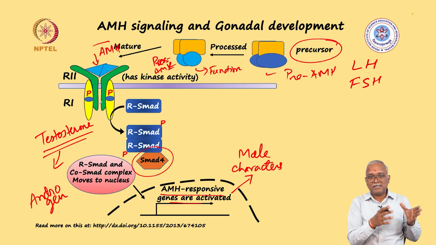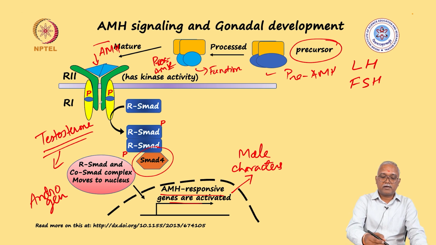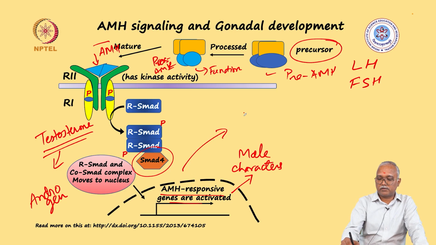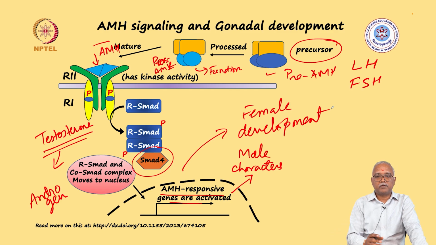So in many disease conditions, the receptors will be perfectly fine, but the AMH level or its production or its processing will be affected. Sometimes you can think that if the signaling is not happening, what will happen? By default, the system will be set towards the female development. So in the absence of AMH, the process will move towards the female development.